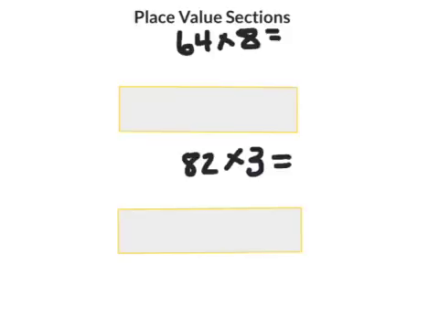Alright, so now that we practiced multiplying with zeros, I'm going to show you a couple more examples of the place value section model with 2 by 1. So right here I have 64 times 8. So what I'm going to do is I'm going to break apart that 64 like an expanded in place values. So 60, I'm going to draw my line, and 4. So just like expanded form, we have 60 plus 4 equals 64.